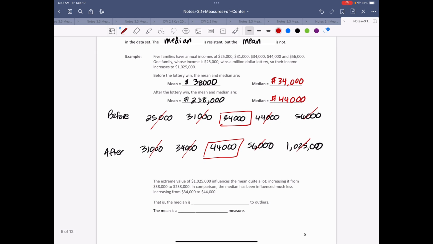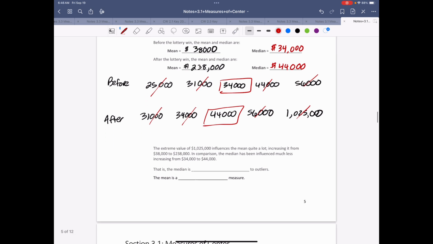All right, so what we're going to say is the extreme value influences the mean a lot, increasing it from 38,000 to 238,000. In comparison, the median has been influenced much less. It went from 34,000 to 44,000. Here's what we said. The median is resistant to outliers.